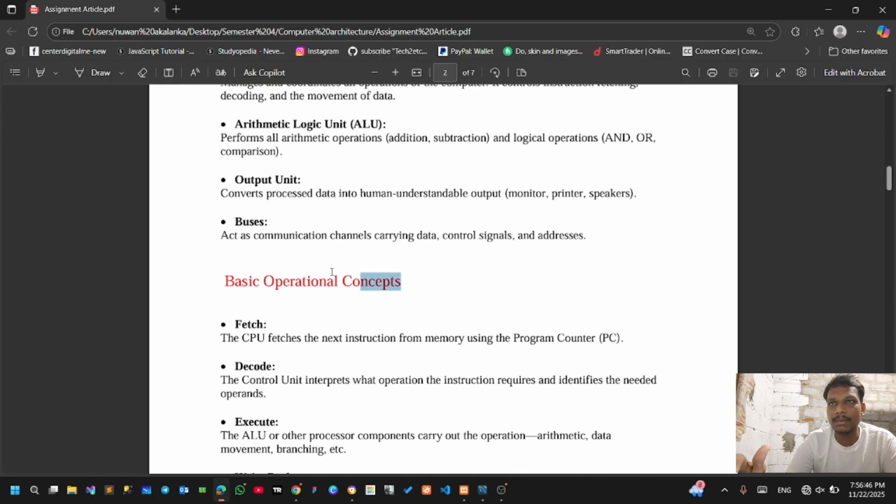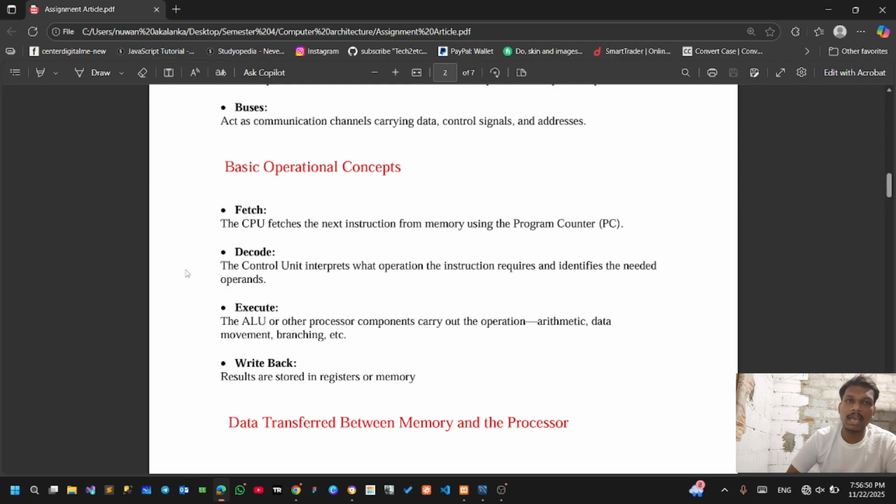Next topic is the basic operational concept. Here we have four basic concepts: fetch, decode, execute, and write back. Next we discuss how each works. The first one is fetch. Fetch means the CPU fetches the next instruction from memory using the PC, which means program counter.